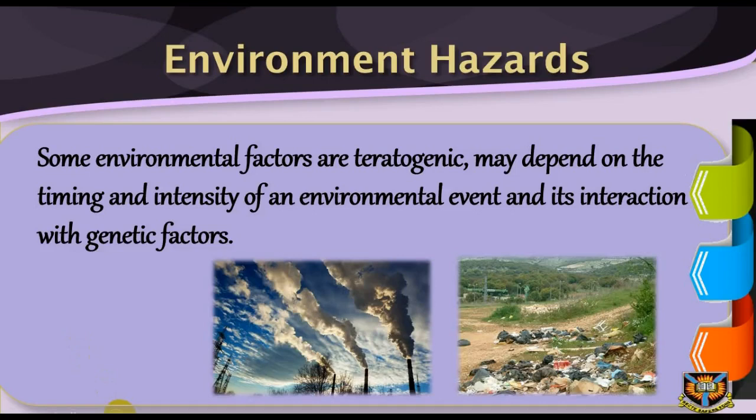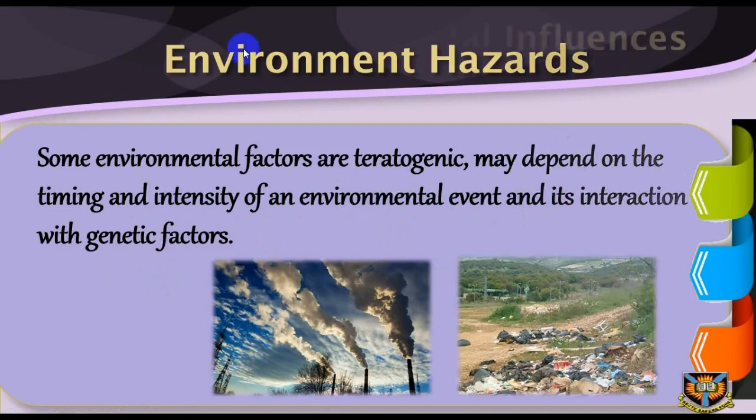The fetus can be greatly affected by its prenatal environment. Some environmental factors are teratogenic. The likelihood of birth defects may depend on the timing and intensity of an environmental event and its interaction with genetic factors.